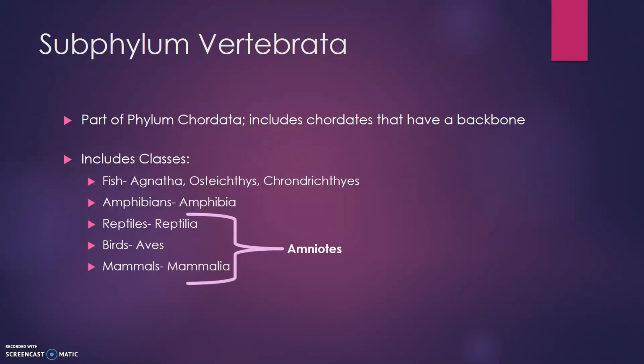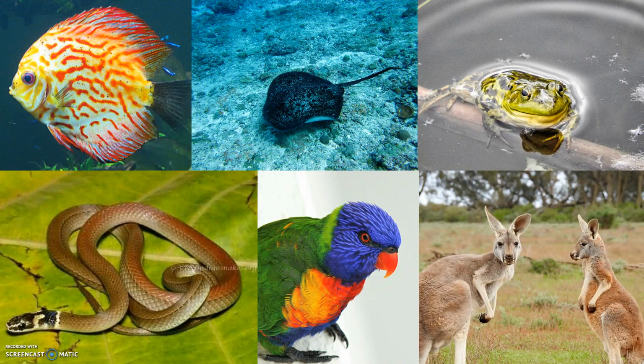And then out of reptiles, birds, and mammals, these are what we call amniotes, which means that they have an amniotic egg, which is an egg where the fluid is kind of retained with a hard shell or by staying inside the mother so that the egg doesn't dry up on land. So, like I said, there are many subgroups. And here are images to represent each group.